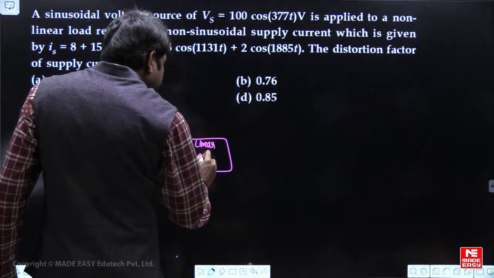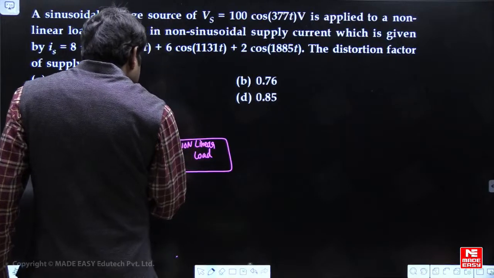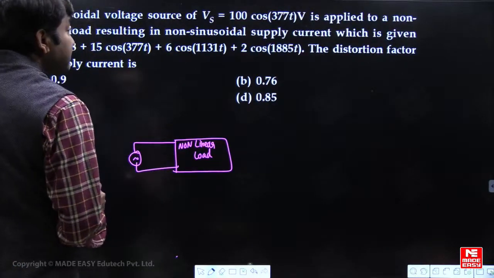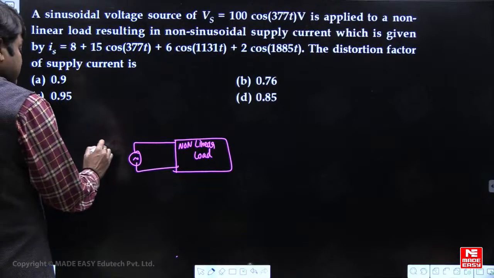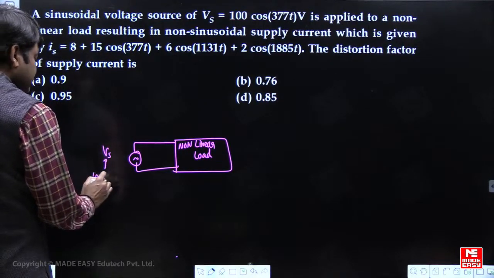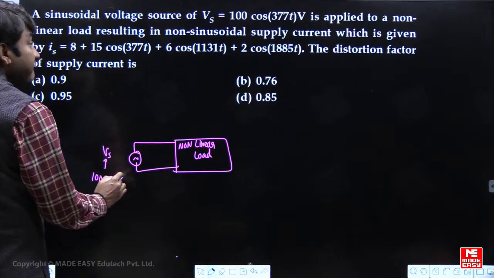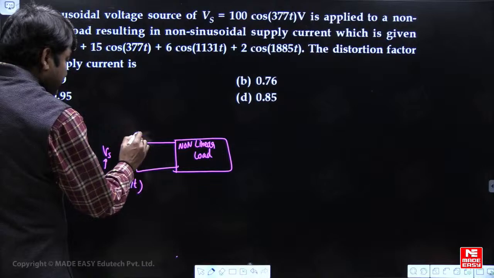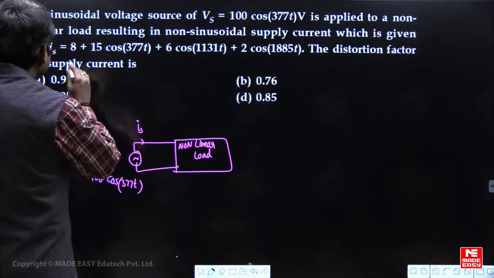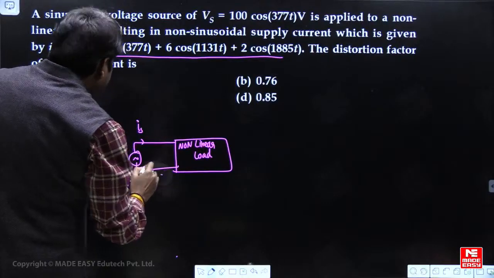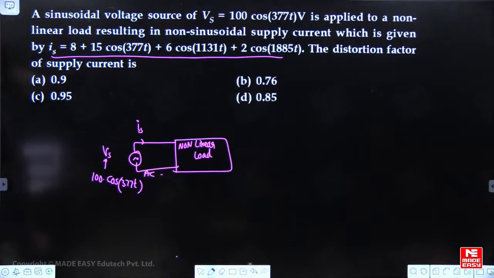The supply voltage is 100 cos 377t, and they are given the supply current. This is the AC side. So we have to find out the distortion factor of supply current.